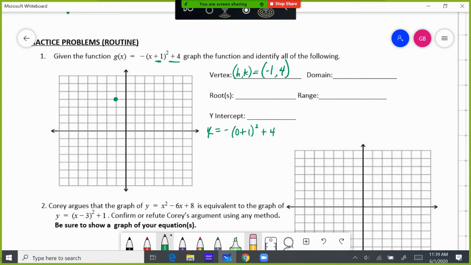So we plug in 0, we have negative 1 squared is 1. So -1 plus 4 is 3. So the y-intercept is 0, 3, which is here.